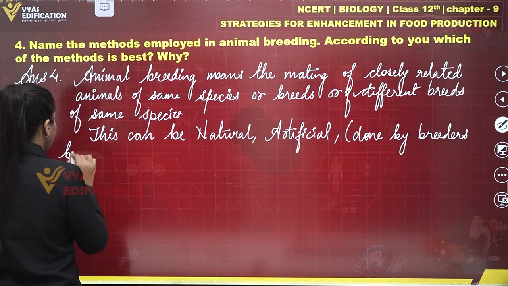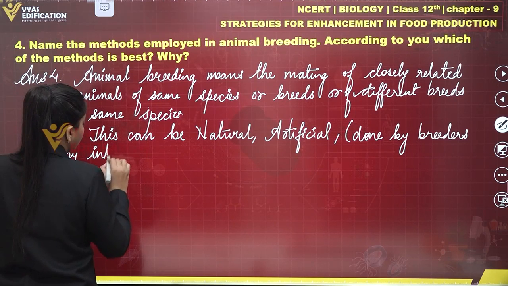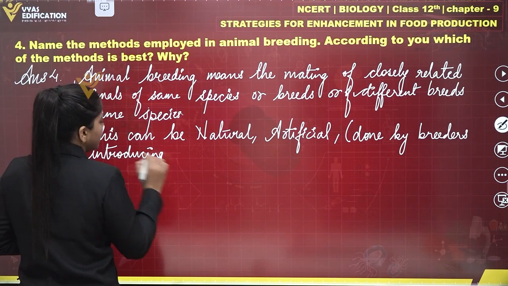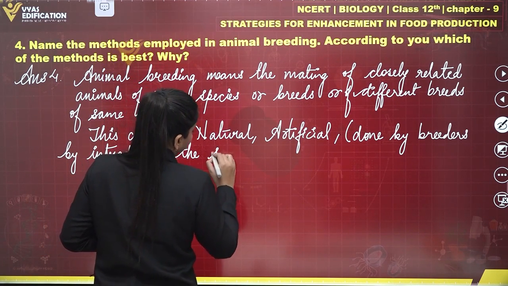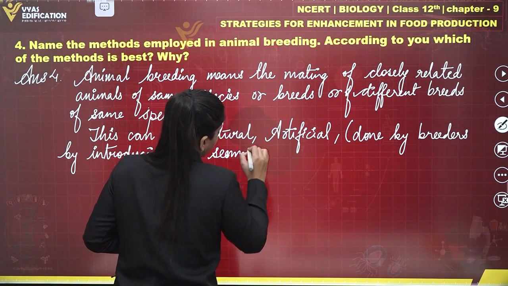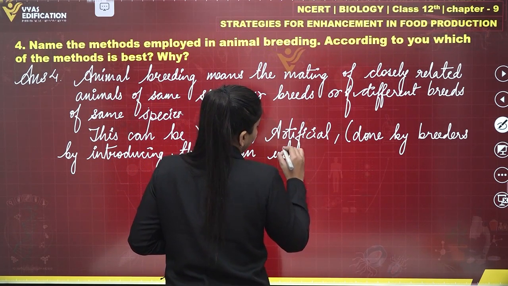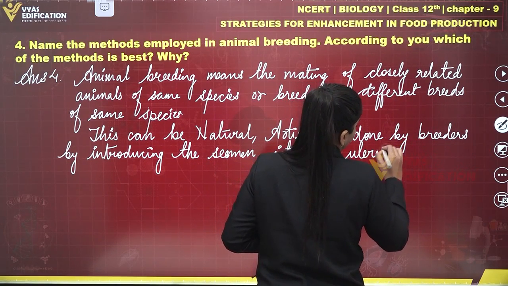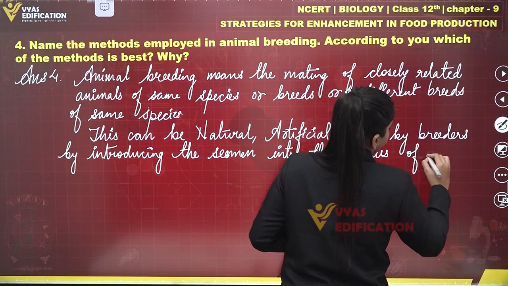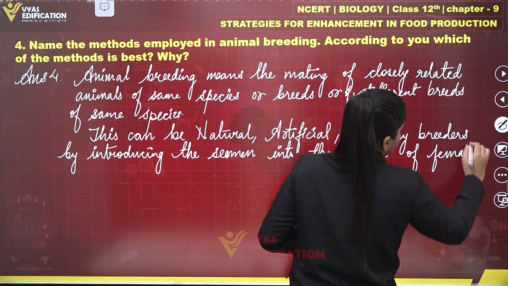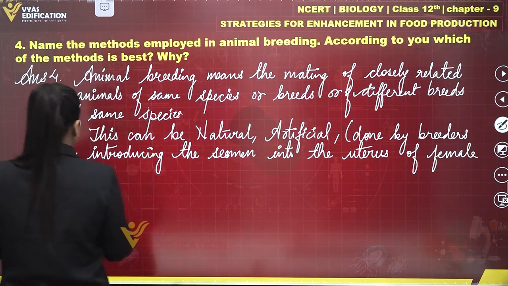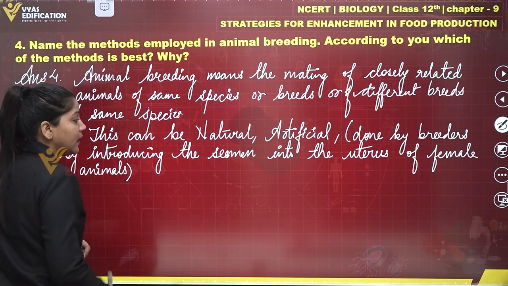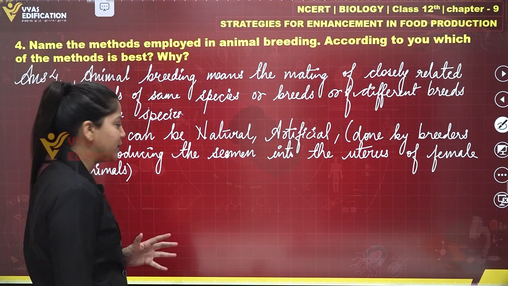By introducing the semen into the uterus of a female animal. So this is how breeders do artificial breeding among animals, right?